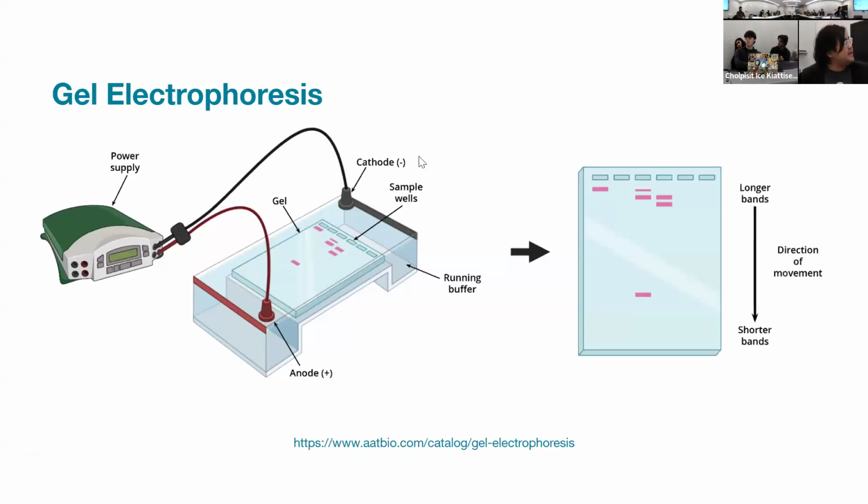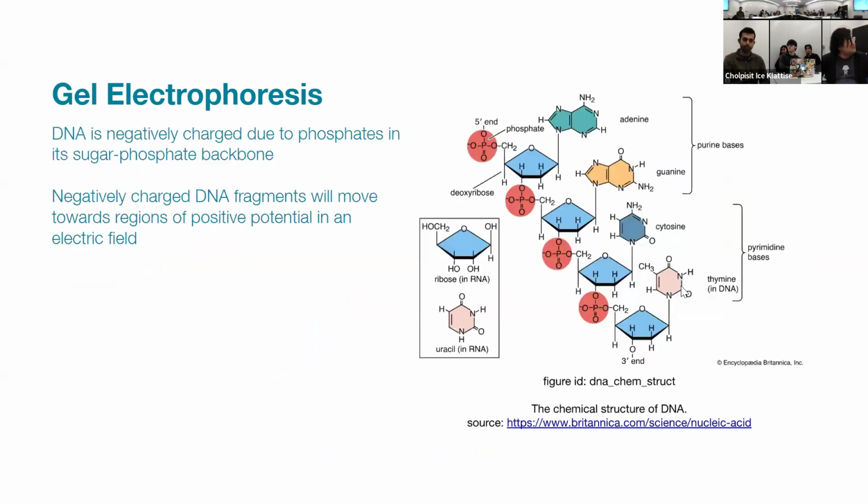When you put electricity from this direction, the DNA, which is negatively charged, can move from this end to this end. So think about you have the same kind of power and you're just driving a car. If the car is so heavy, you're going to go slow. If the car is pretty small, like a Ferrari, it's going to go fast. So for the DNA, most of the time the shorter or smaller ones will go faster.